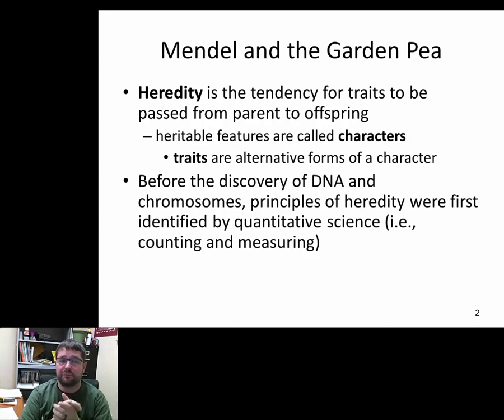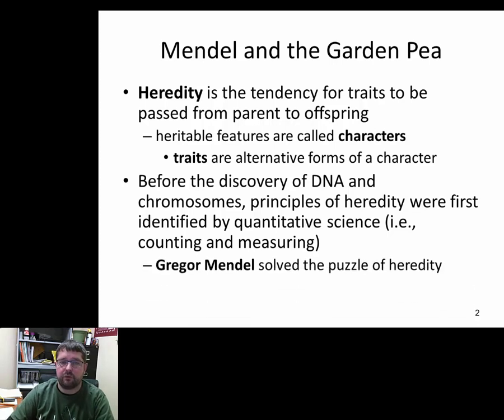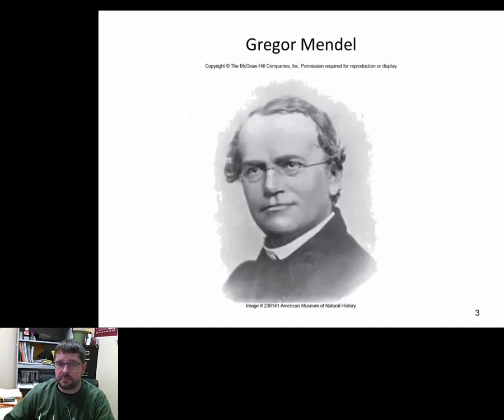And so he did it by mathematics, quantitative science, by counting and measuring. And so we give Mendel the credit for solving the puzzle of heredity. And that's why he's known as the father of genetics.